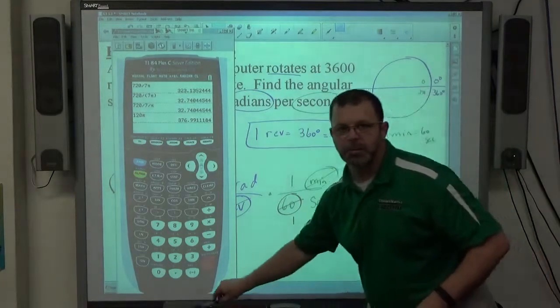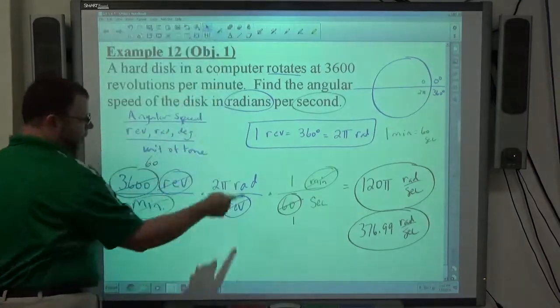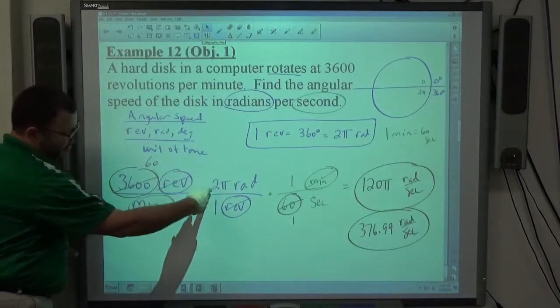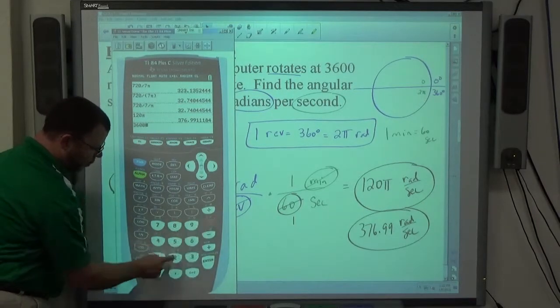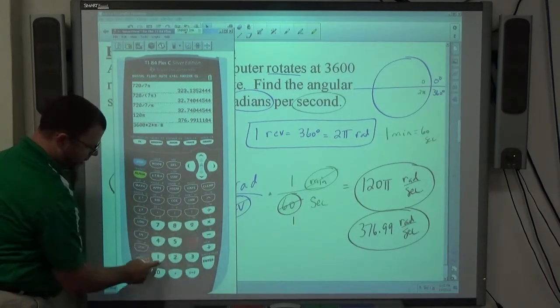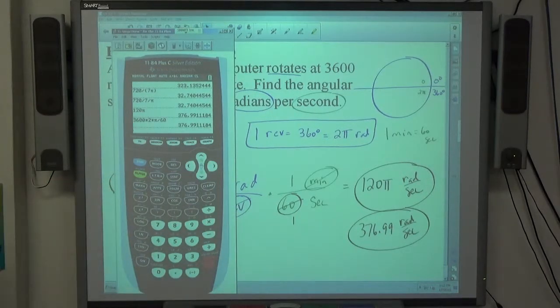Exact's always better than approximate, but I'm not going to count either one of those wrong. They're both correct. I could have also, before I divided by 60, I could have just done this times this times this divided by that. 3,600 times 2 times pi divided by 60. You still get the same answer, all right? So keep that in mind that you have that option.